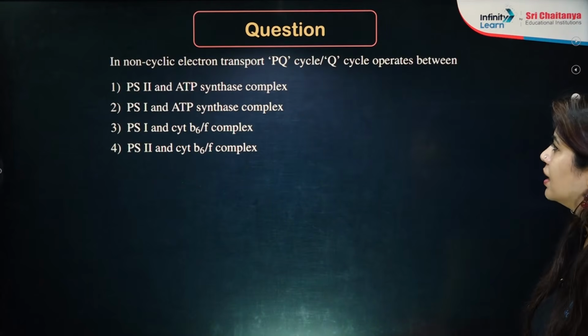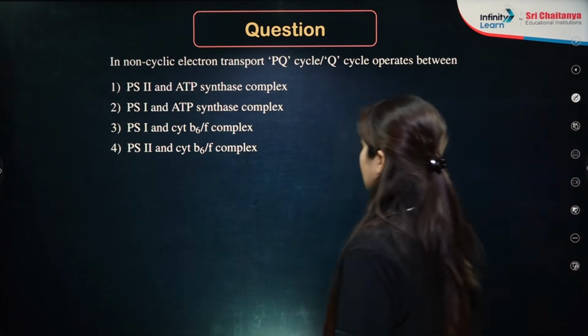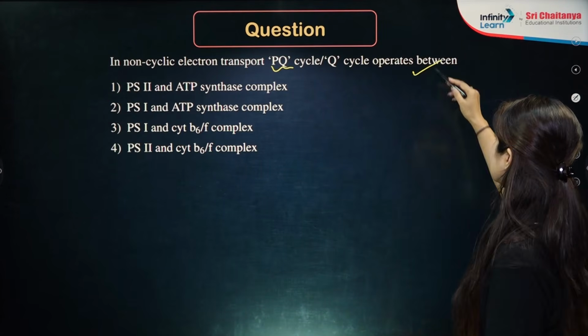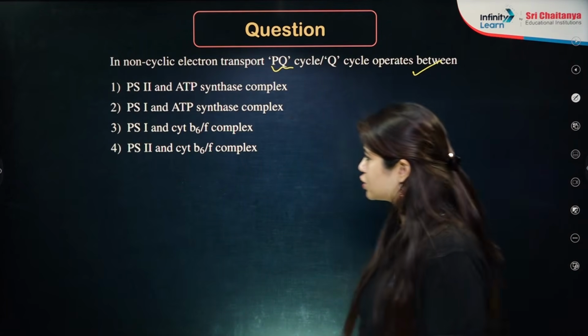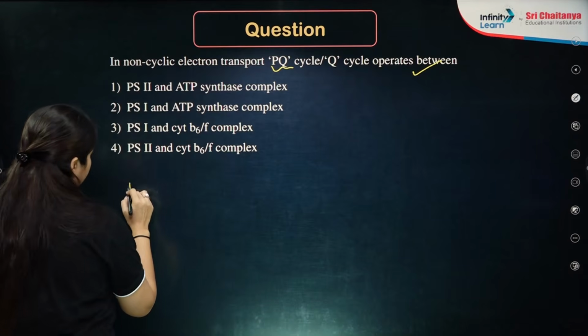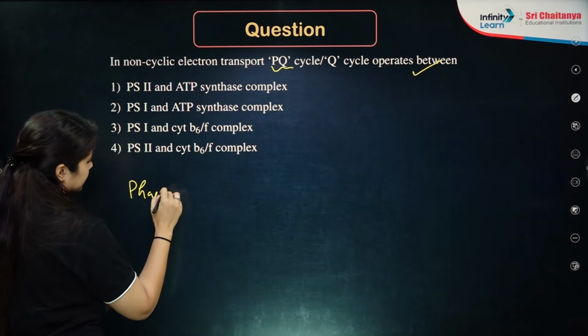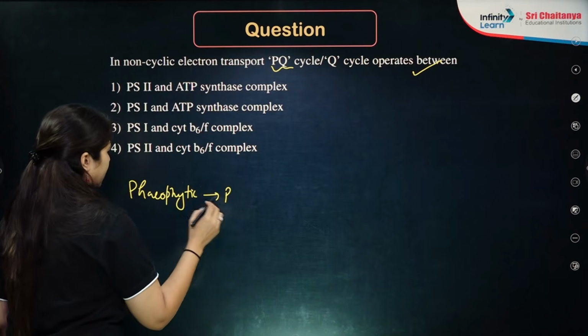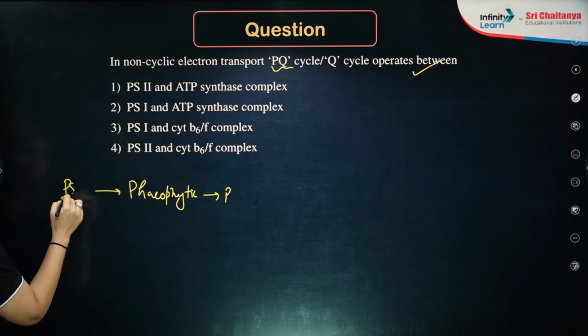Next question. In non-cyclic electron transport, plastoquinone operates between which components? First of all we have pheophytin, before this we have photosystem 2.